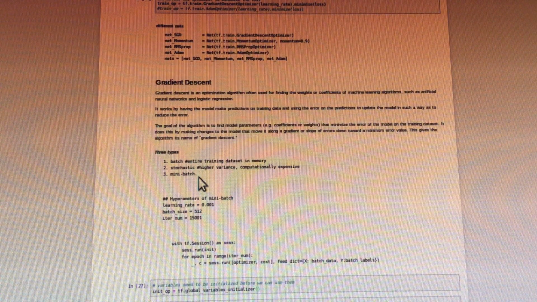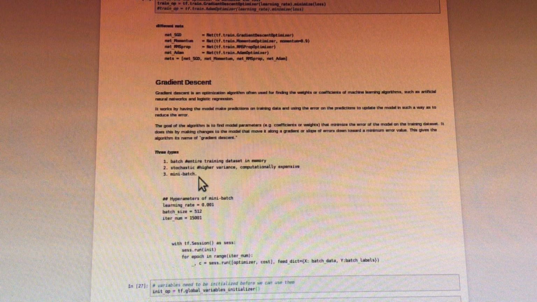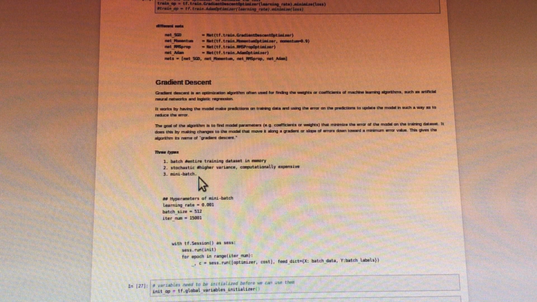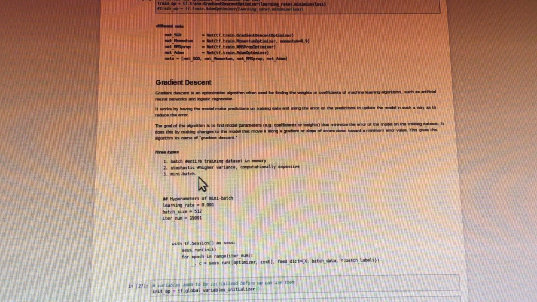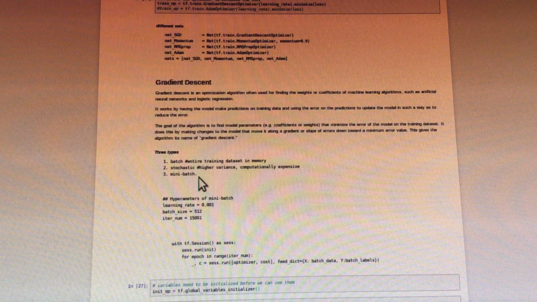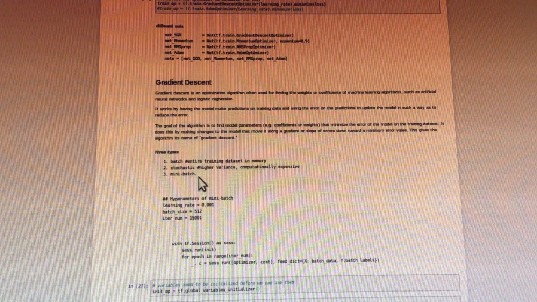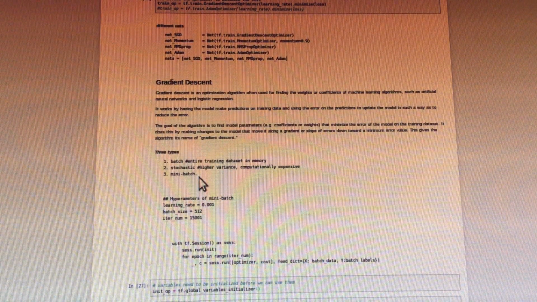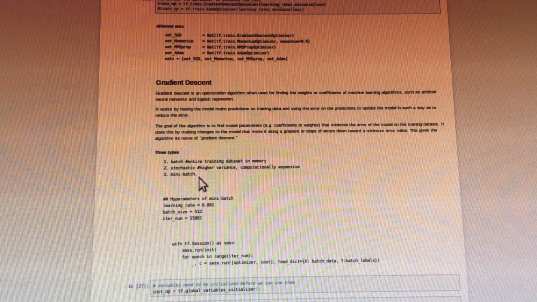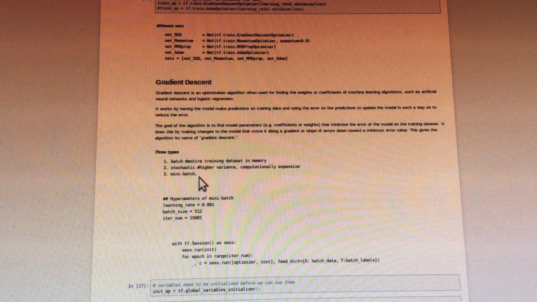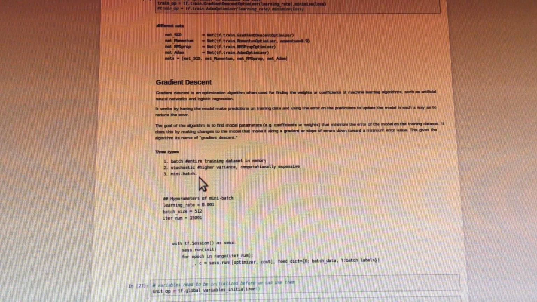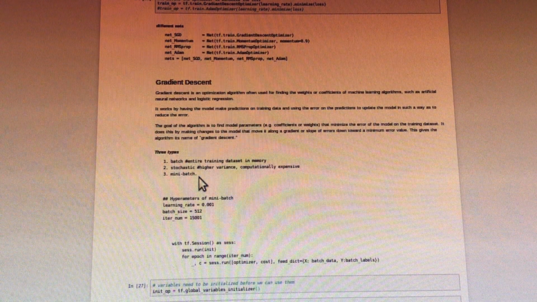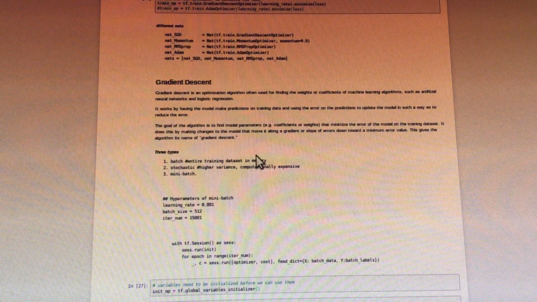But the negative side of using BGD is that it is very memory hungry, because the whole training data set goes into memory. If the size of the training set is big, it hampers the convergence of the training.